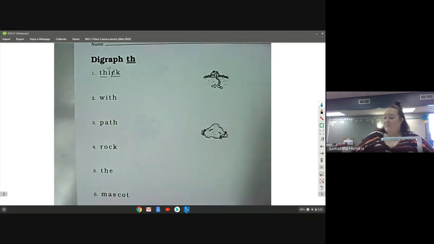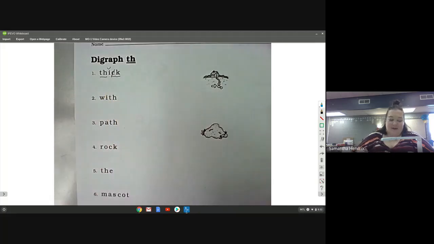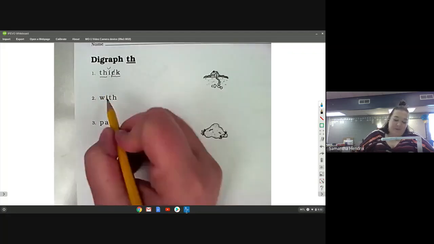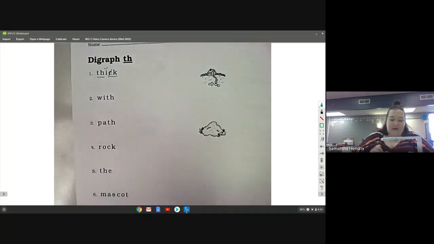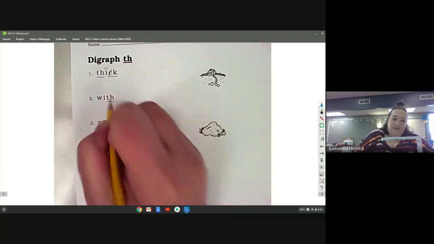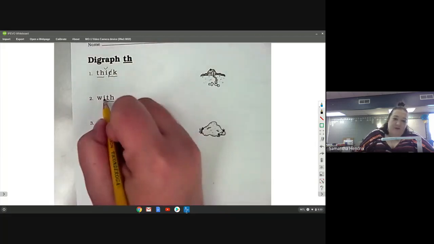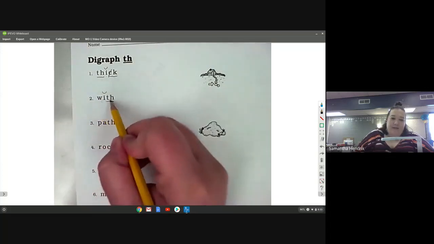Sound it out. Thick. Pause this. You fill it out and then come see if you're right. So this word, digraph TH, short vowel because it's followed by a consonant. With.